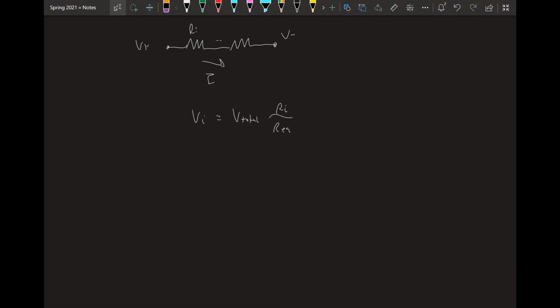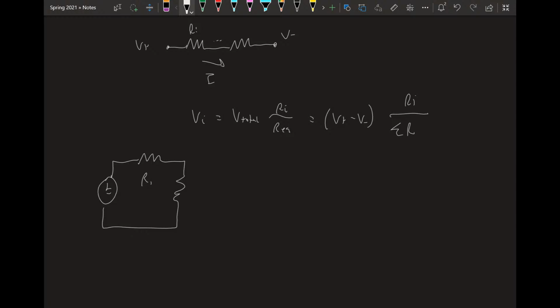So we have V total Ri over R equivalent, right? And this equals, in this case, V plus minus V minus. Ri is the same, and this is going to be the sum of R's, because this is the resistance equivalent in series, right? And this is the general case, but you'll usually see this with only two resistors. So if you have something like this, this is where you'll see it a bunch, right? You have two resistors, you have R1, you have R2, and you have V1, and you have V2, right?